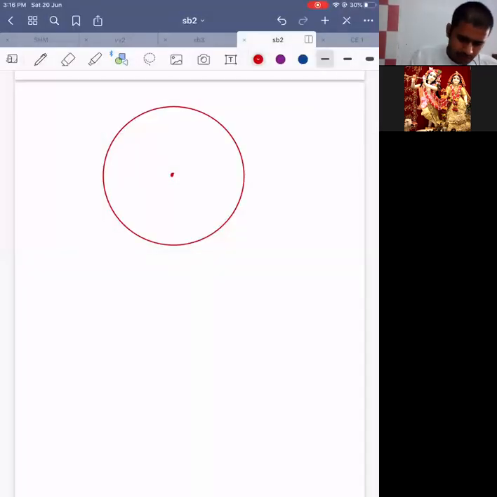Initially it was at the lowest point, and afterwards it moved to a point where it's making an angle of 60 degrees. Here is the angle 60 degrees. Initial position, lowest point, and this is B.